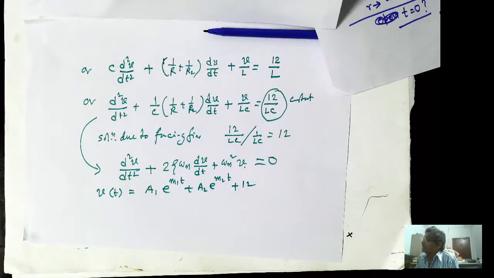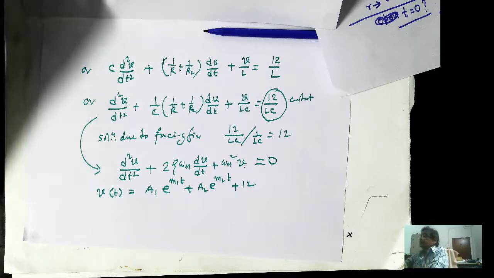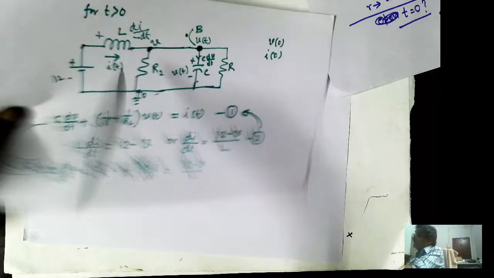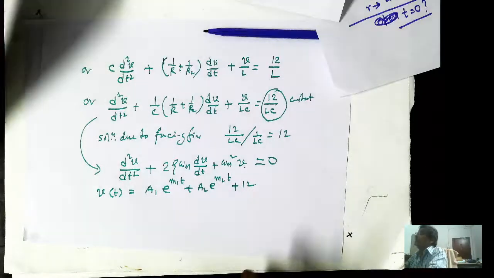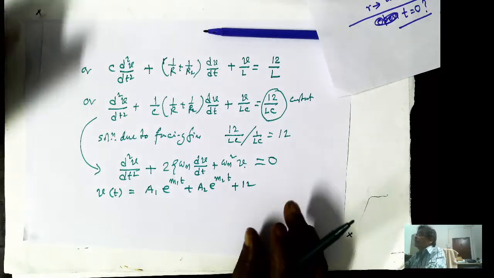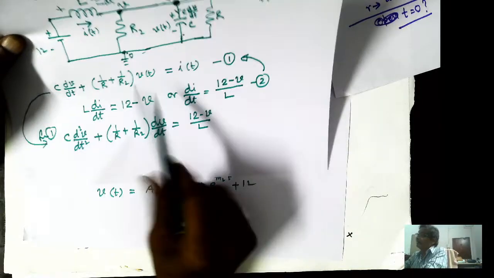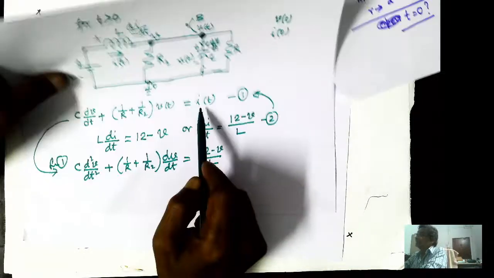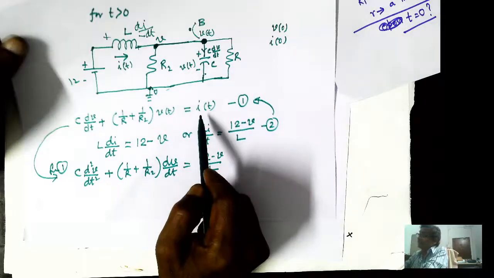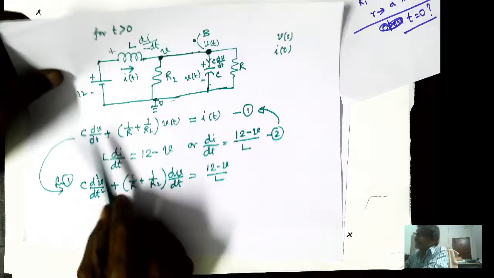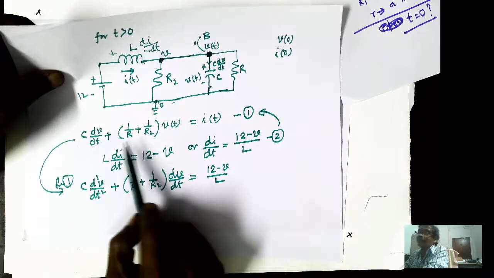Similarly, while calculating the current in the inductor, it is simply not C dV/dt that is the current. Current through the inductor can be found out from these. Got the point? L di/dt is this. So, to get the current flowing through the inductor, that is i(t), what you have to do is add not only C dV/dt, but also this term.